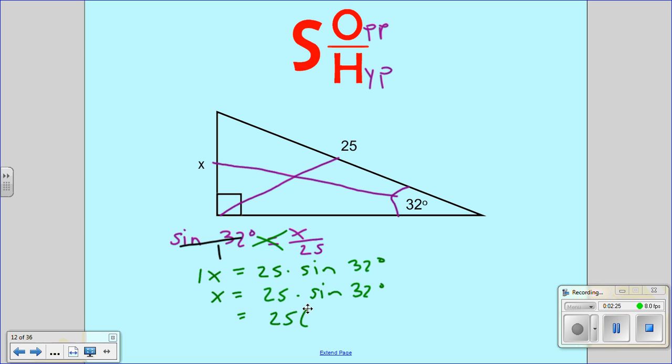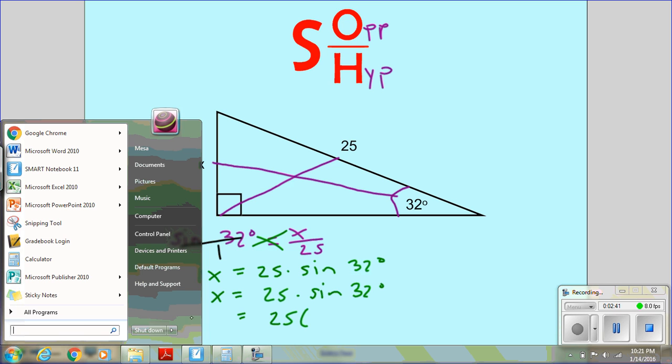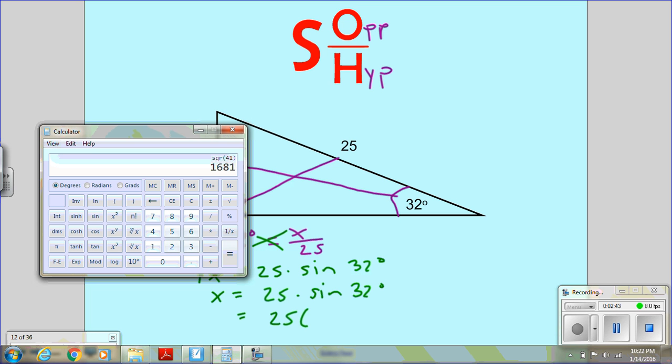But since I don't have that here with me right now, technically I do, but don't have time to pull it out. I'm going to again show you the calculator with the regular scientific calculator so that you don't have to worry about doing this stuff at school or use that as an excuse.